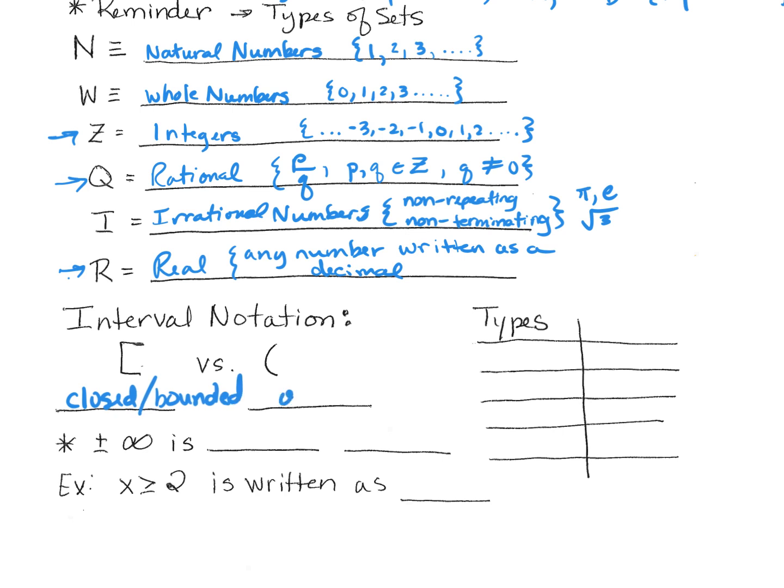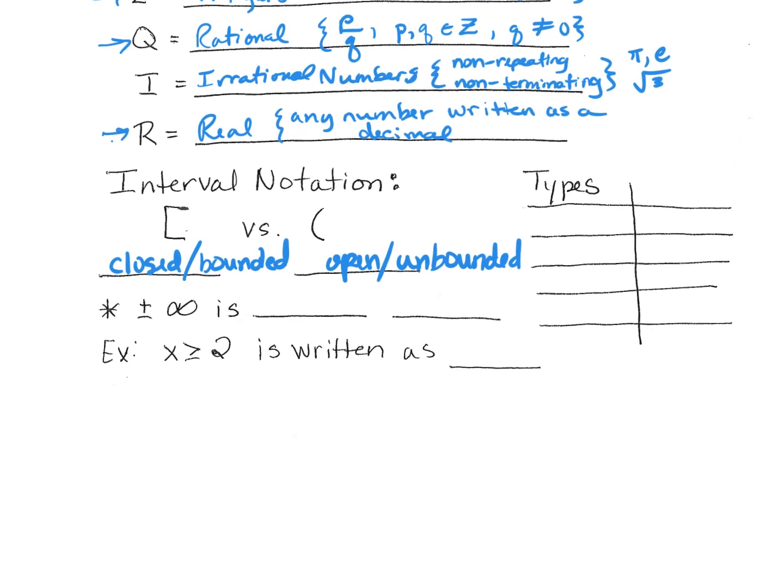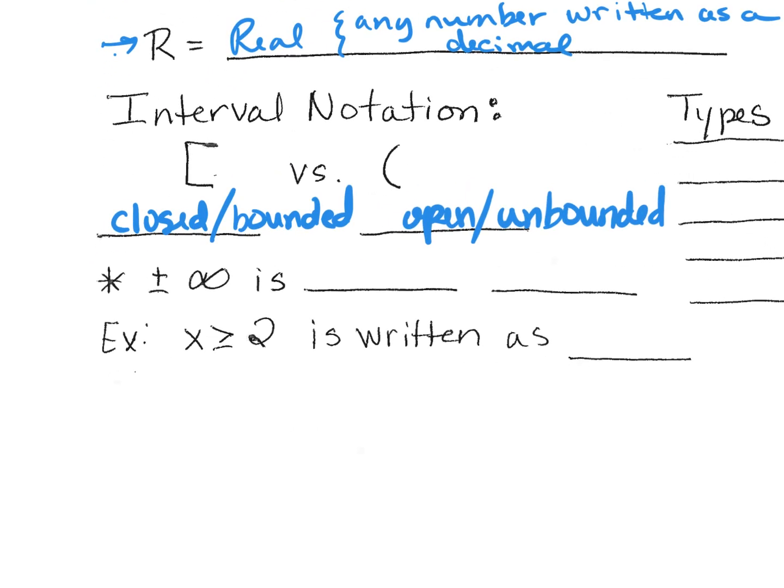And parentheses means it's open or unbounded. You'll notice I'm not going to use goofy little silly language in this class. Some of you are headed to calculus next year, higher level mathematics. So you kind of need to know what that stuff means. Also helps you on things like the ACT.